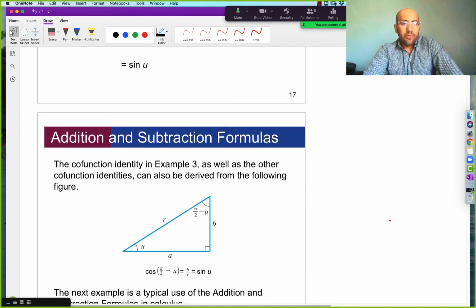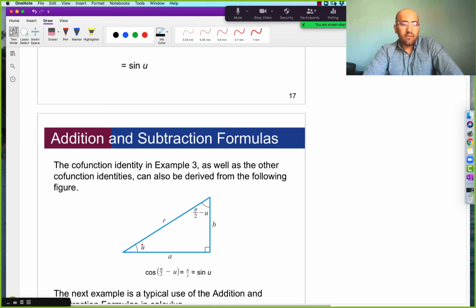Oh, we can also prove the same thing with a nice little triangle. If we have a right triangle and this is u, then its other angle must be pi over 2 minus u, because the sum of the internal angles must be equal to 180 degrees.